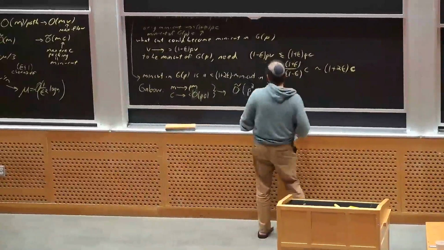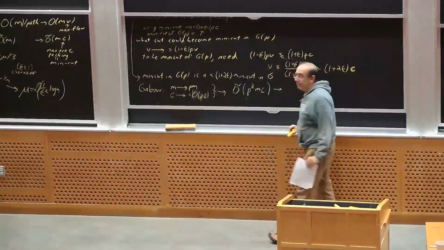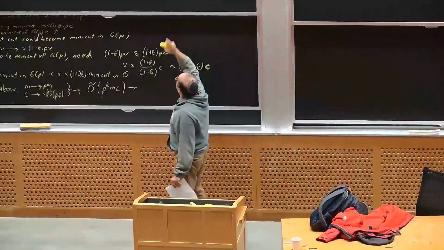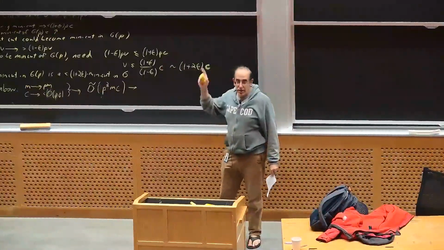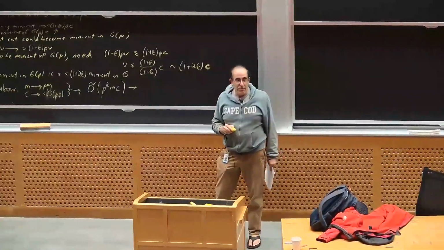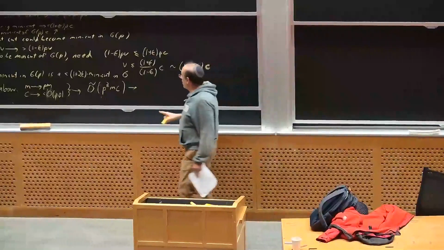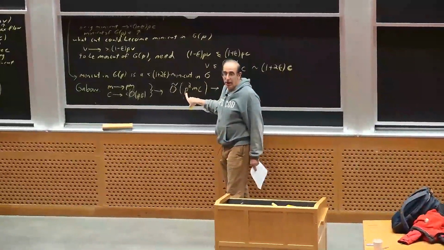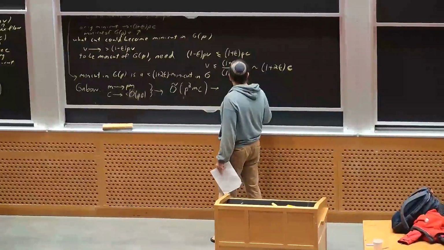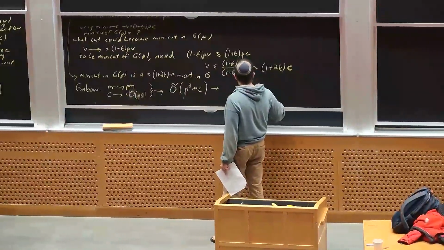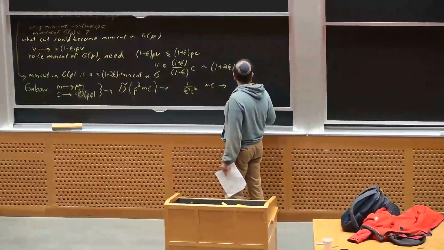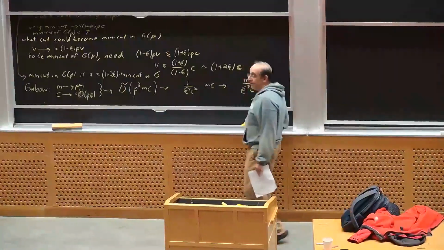So what's that going to give us for a runtime here, right? If pc is 1 over epsilon squared with some logs, that means that p is 1 over epsilon squared c, right? So I plug that in over here, 1 over epsilon squared c. I have 1 over epsilon to the 4th c squared times mc, which is m over epsilon cubed c.